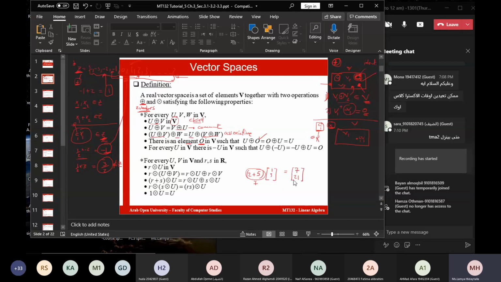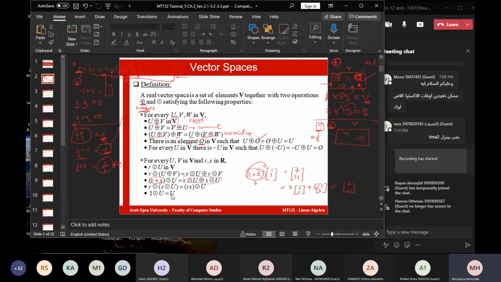Or else, you distribute, so 2 times (1, 3) plus 5 times (1, 3), and you're going to get the same result, which is (7, 21), correct. So R plus S, these are scalars, times V is the same as this one here.